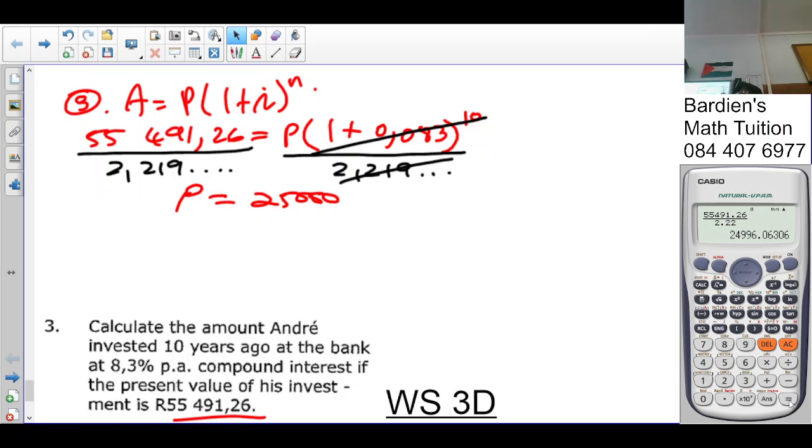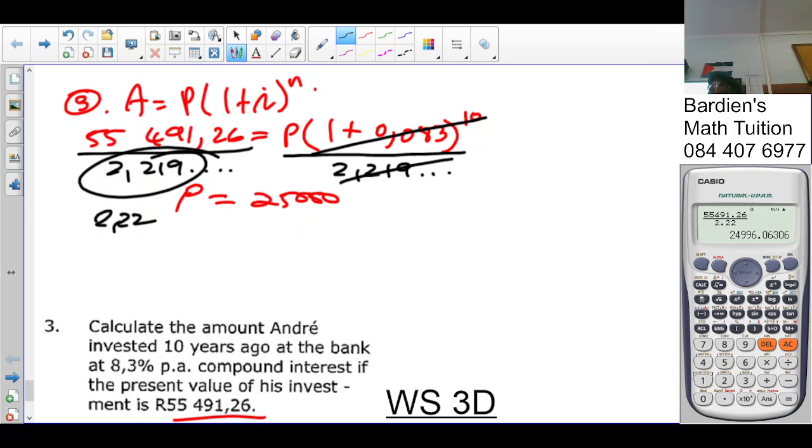So when you do your calculations on your own and check the memo, you might think your answer is wrong, but in actual fact it's correct, because we have taken the rounded off answer to be 2.22. So it gave me this answer, as you can see on the calculator. Do you guys understand? So start using the answer button to be more accurate to the way we do things.